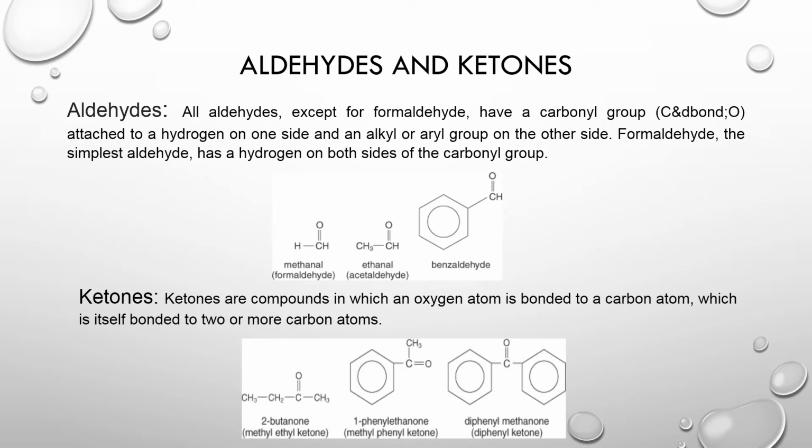Then go for the ketones. A ketone is a compound in which an oxygen atom is bonded to a carbon atom, which is itself bonded to two other carbon atoms. Remember. The general formula for a ketone is R C double bond O R. In 2-butanone, on one side of this carbonyl functional group a CH3 methyl group is there, and on the other side an ethyl group is there.